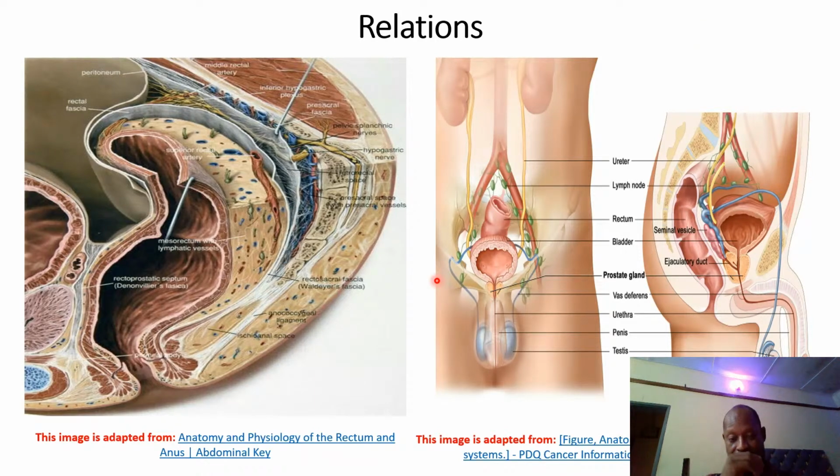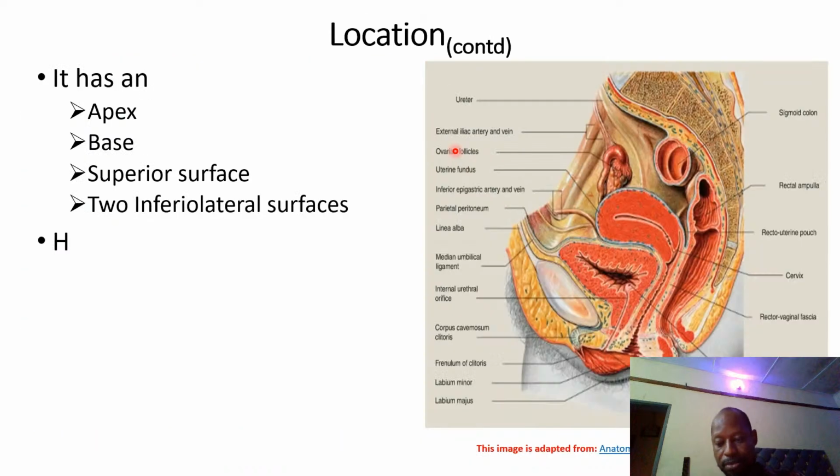Now, here you see the relations of the bladder. We also take these things in their parts. The first is what? The base of the bladder. Let me see which of these slides I would be able to make use of.